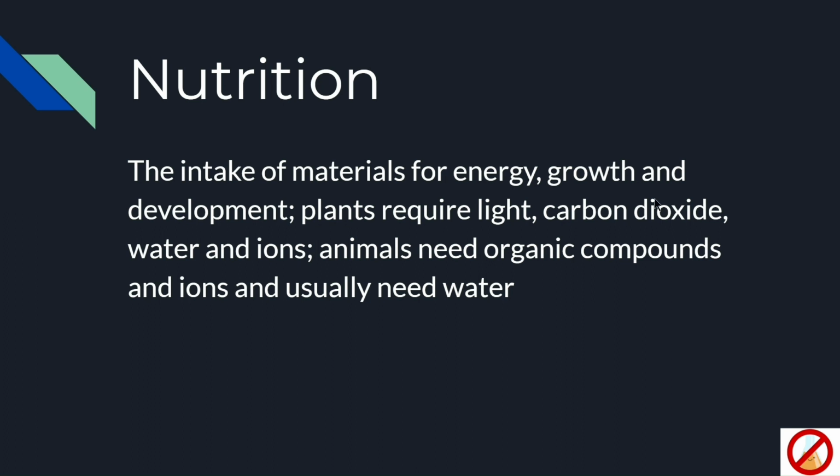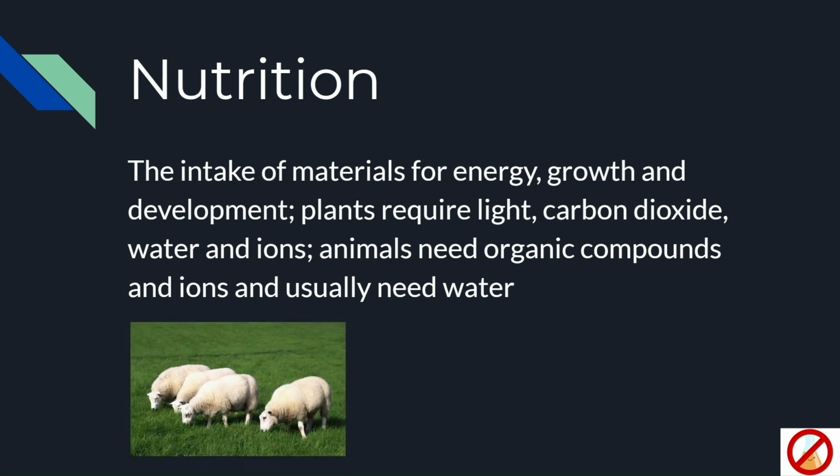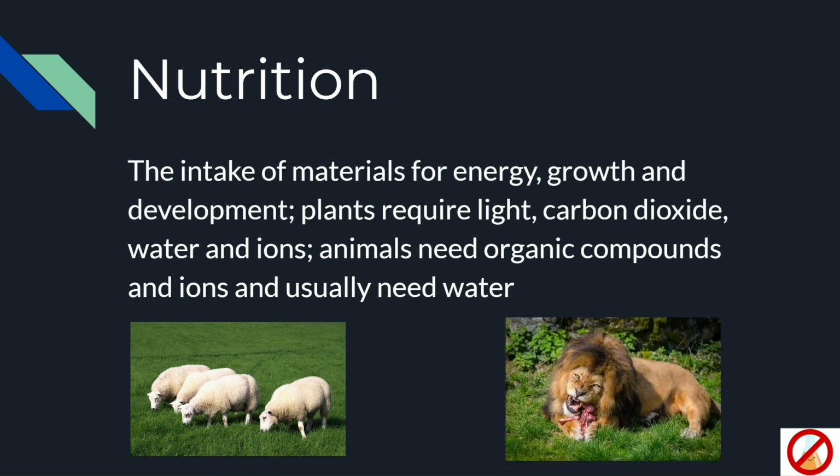A basic example would be a flock of sheep chewing grass, or a lion eating its prey. It's the physical movement of obtaining food, the ability to digest it and to take in what's good from it for the organism's own usage.